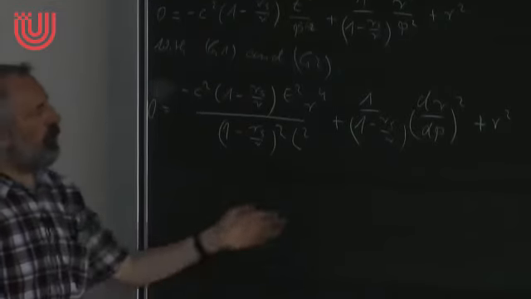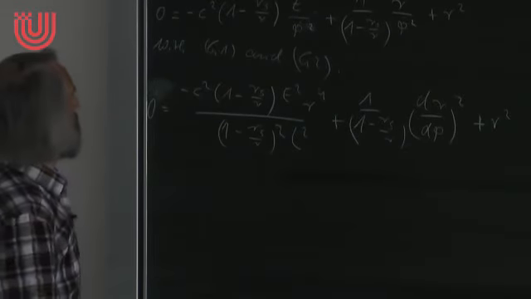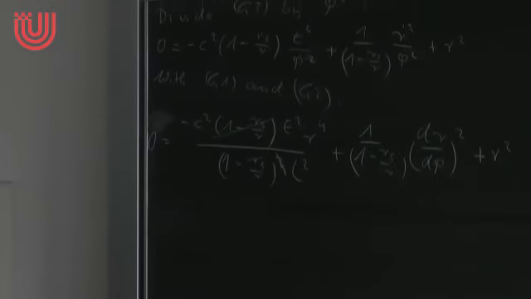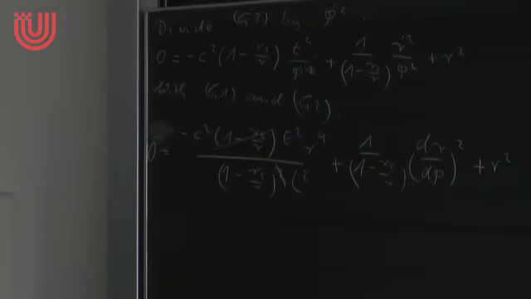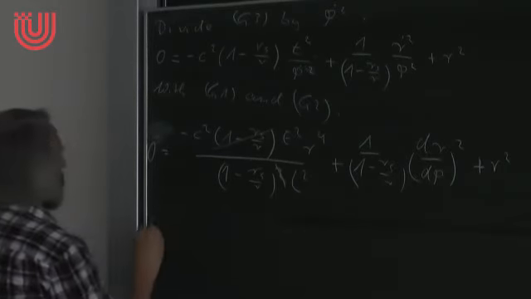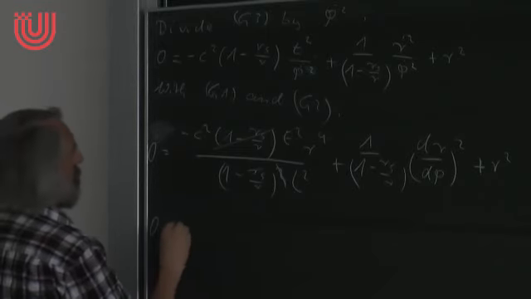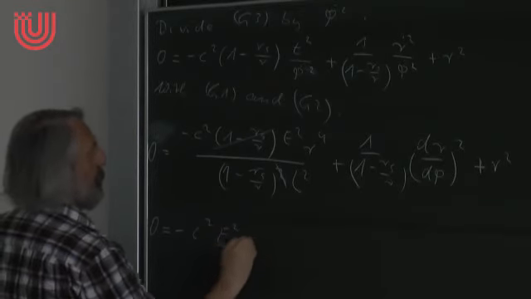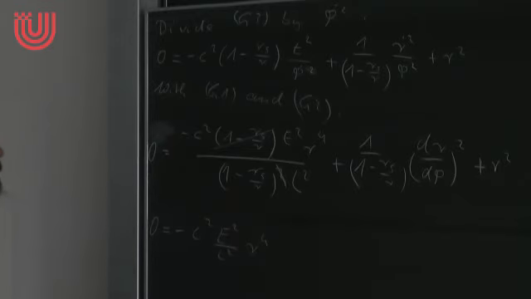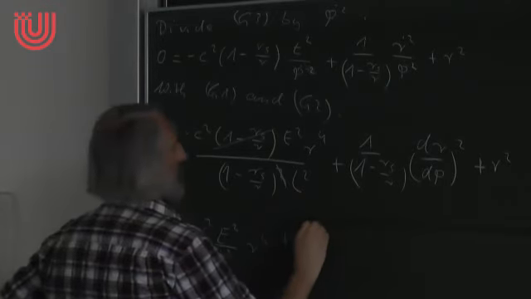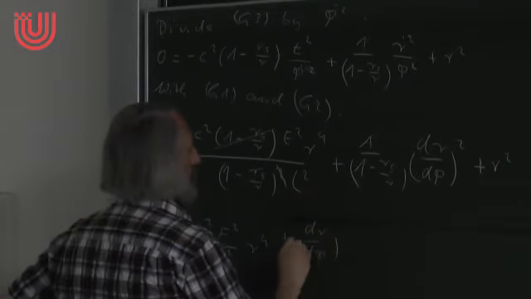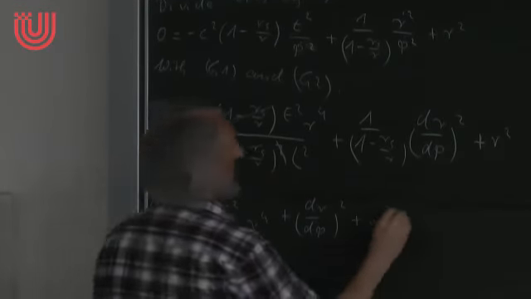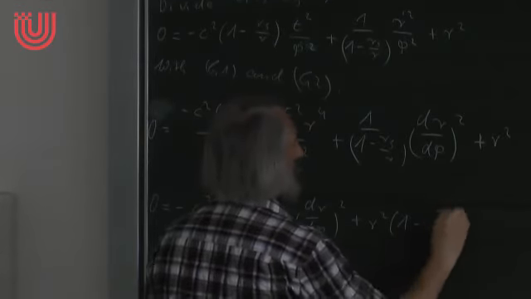So I want to solve this for this derivative, but first I observe that I can cancel one of these factors. Then I multiply everything with 1 minus rs over r, so then it becomes a bit nicer. And it's minus c squared e squared over L squared r to the 4 plus dr by d phi squared plus r squared times (1 minus rs over r).